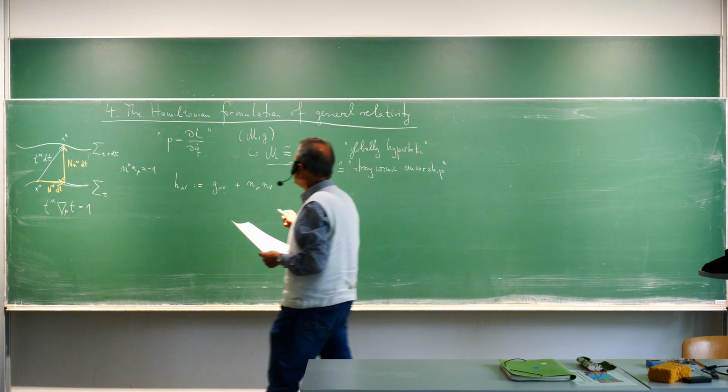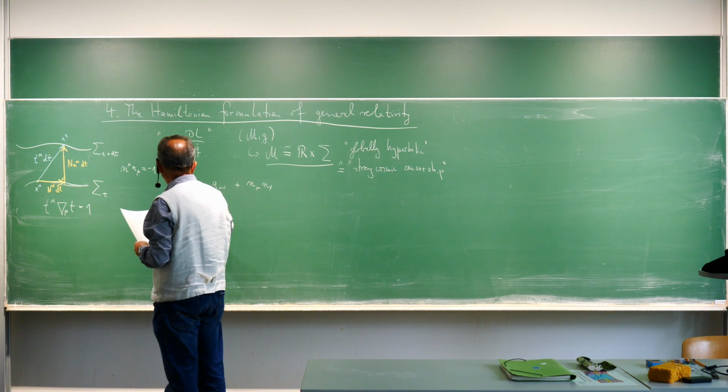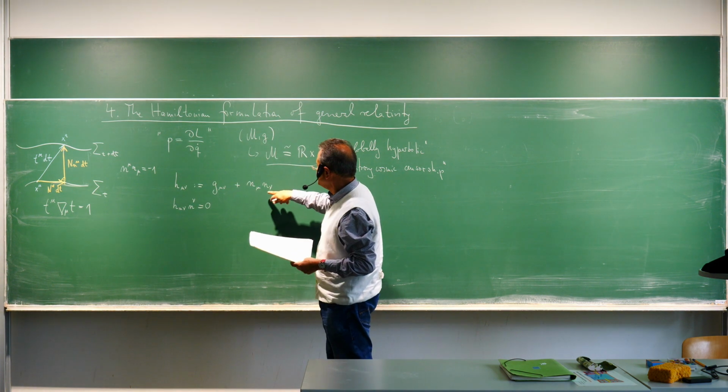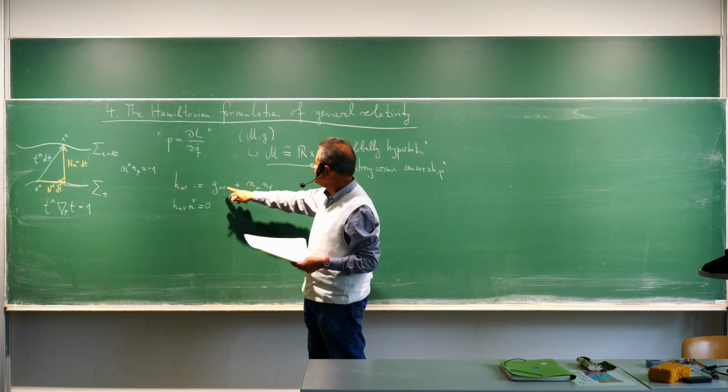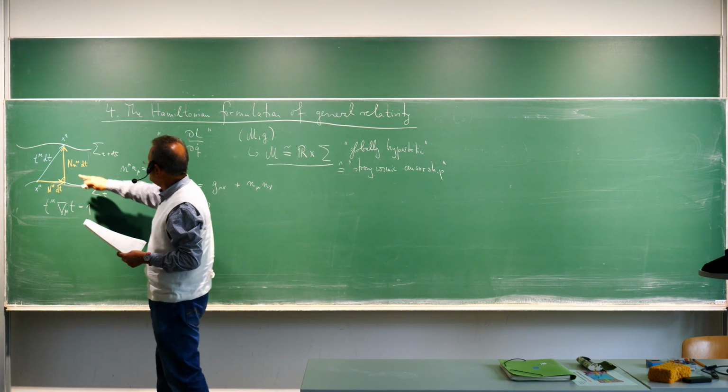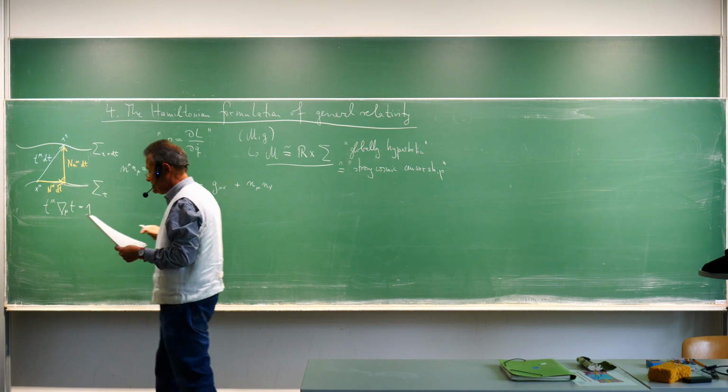Why? Because if you contract this with n^nu, then you get 0. This gives -1 and this gives n_mu. So it's orthogonal to n, so it lives in sigma.